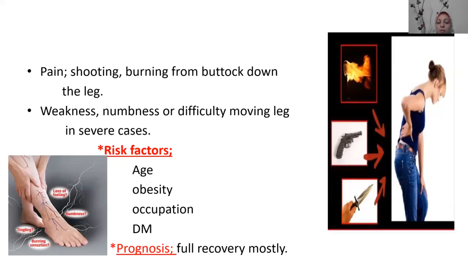Some occupations which require bending of the back or lifting heavy objects, sitting for a prolonged time, like driving a motor vehicle, or a sedentary lifestyle, may also predispose to sciatica, and also diabetes mellitus. The prognosis of sciatica is good, with full recovery in most cases.